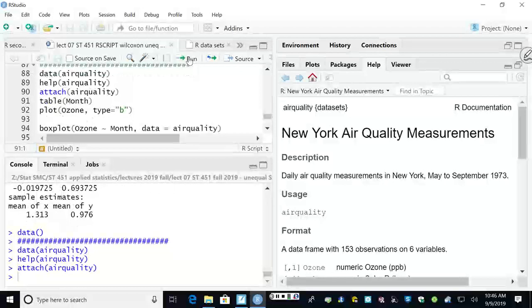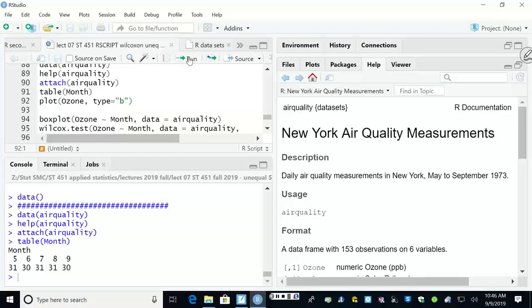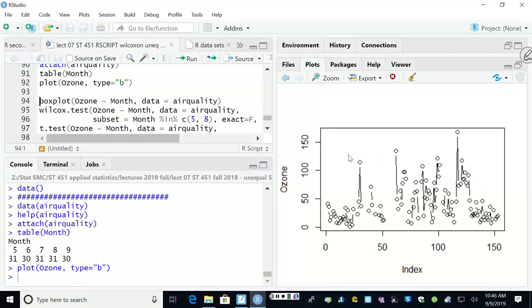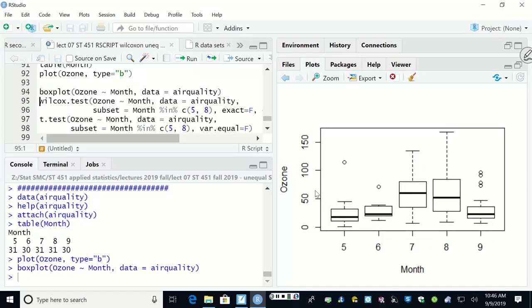I'm going to attach it. There's different months. These are the ozone over time. This is the box plots of ozone by month.